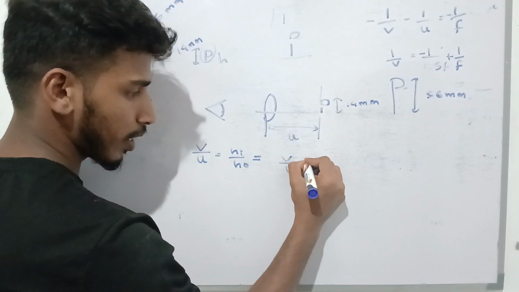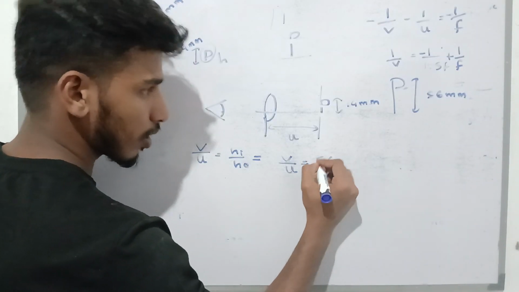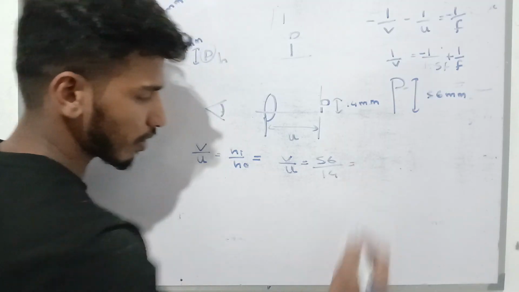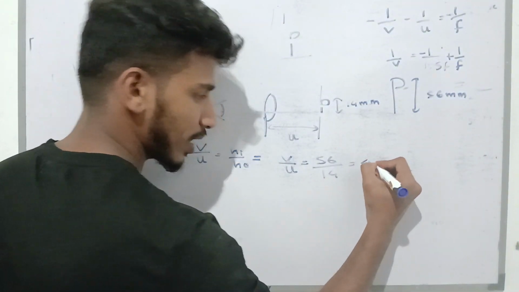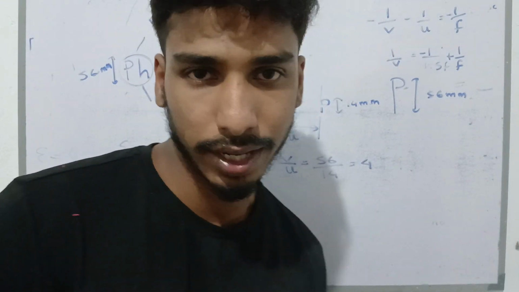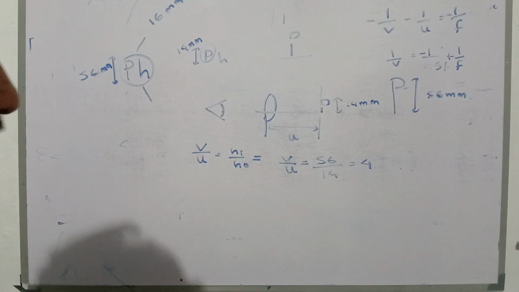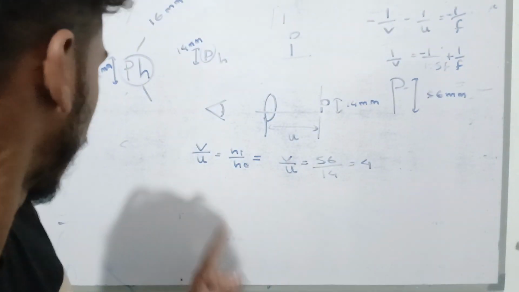HI is 56, and HO, the height of the object, is 14. I think we can divide it, right? 4, 16, 1, yeah, 4. So we find that the magnification factor is 4, and V over U is equal to 4 here. The thing is, I think I made a mistake when I was trying my exams, but I'll recall it.